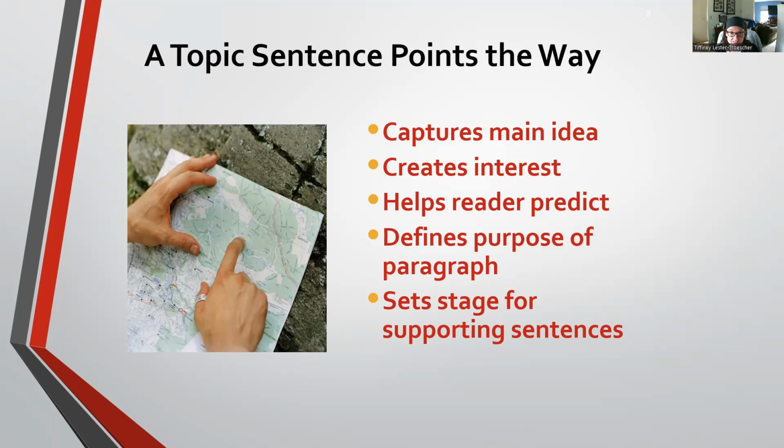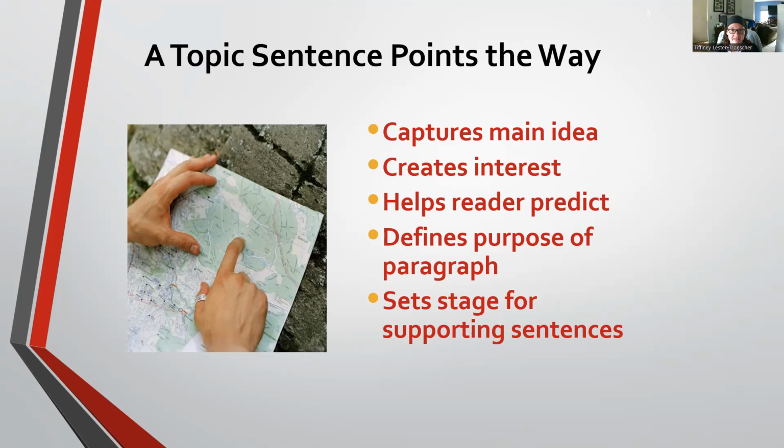It is the first sentence of the paragraph, and it really gives the reader a very focused direction for the rest of the paragraph. So when I read the first sentence of a paragraph, it should capture the main idea. It should create some sort of interest that I'll want to keep reading.